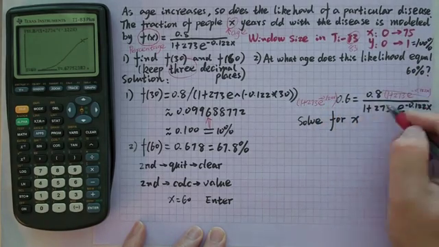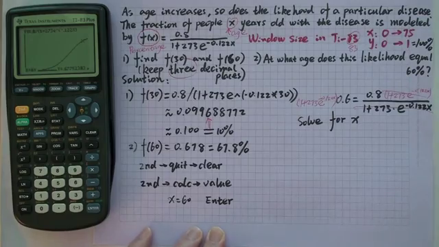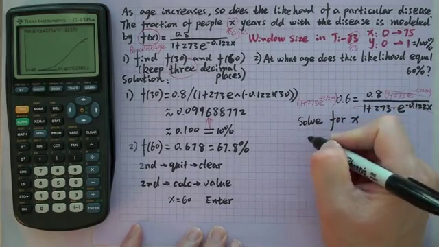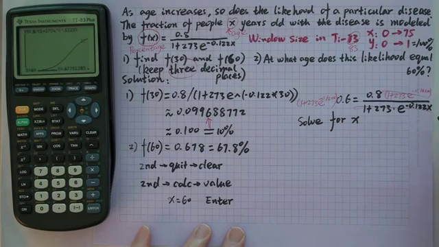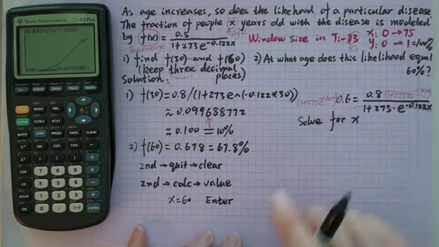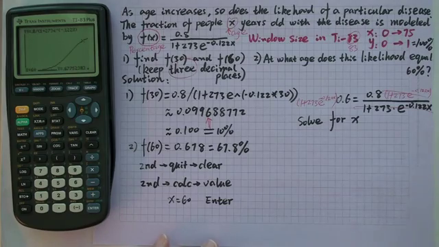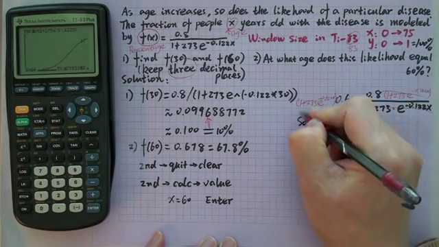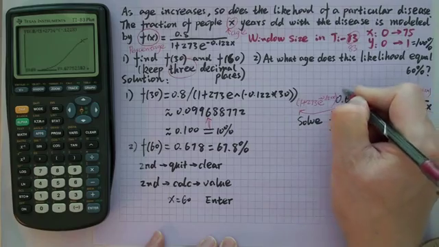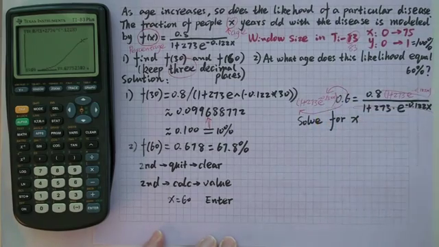Then you cancel upstairs and downstairs. On the left, you have 0.6 times this quantity.